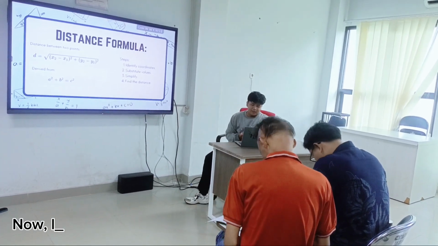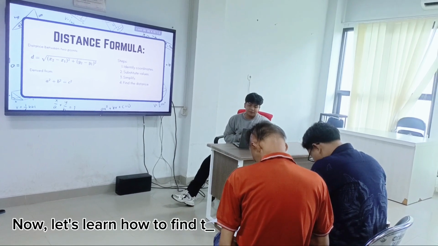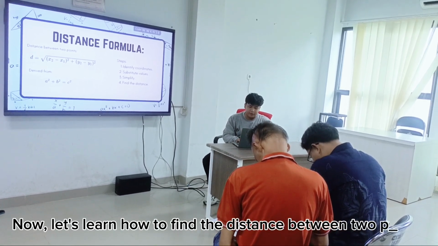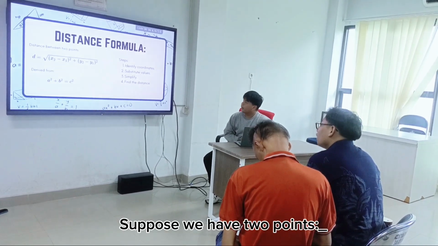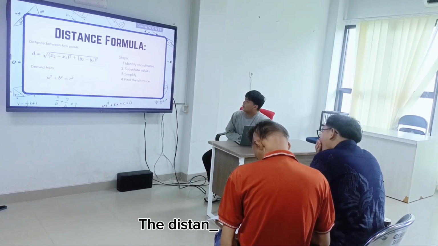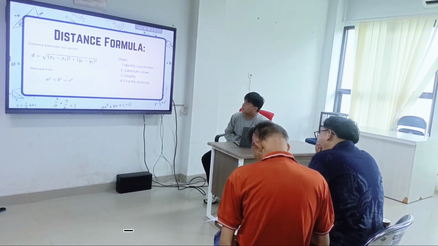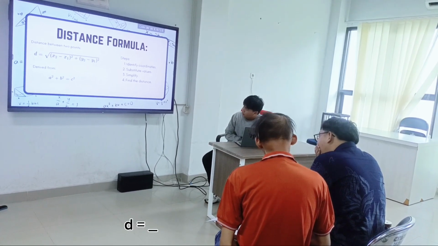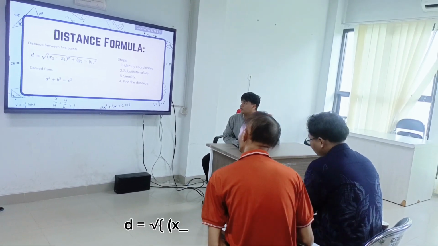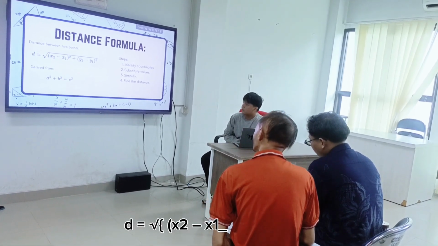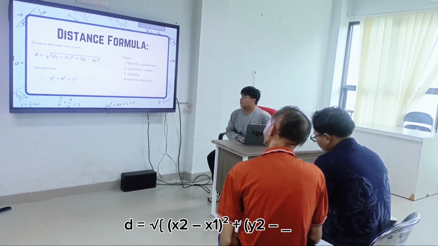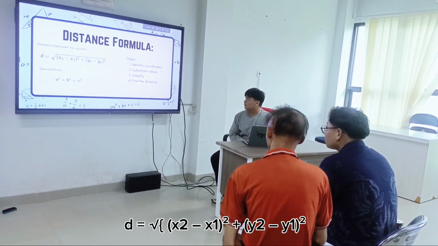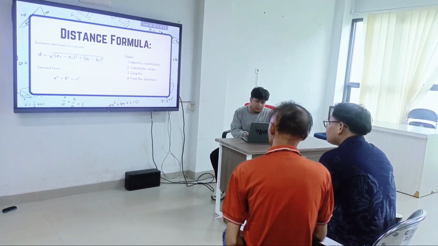Now, let's learn how to find the distance between 2 points. The distance between 2 points is D equals the square root of (x2 minus x1) squared plus (y2 minus y1) squared.